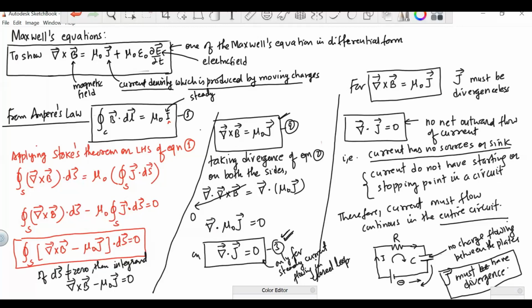We cannot have divergence of J equals 0. So this relation contradicts. So we cannot have this. Okay, so we need to understand this.